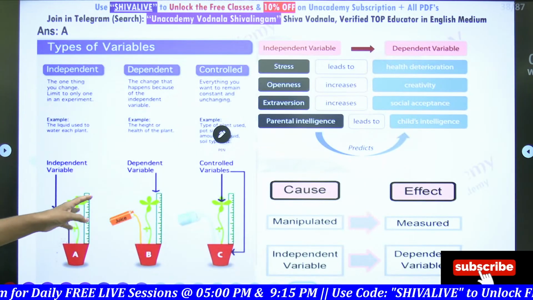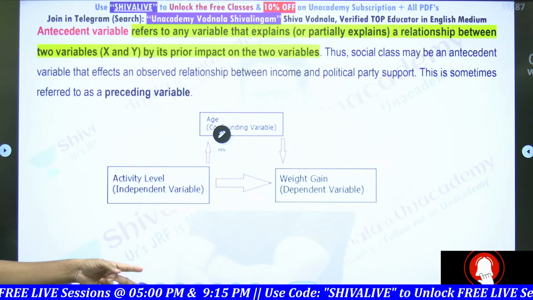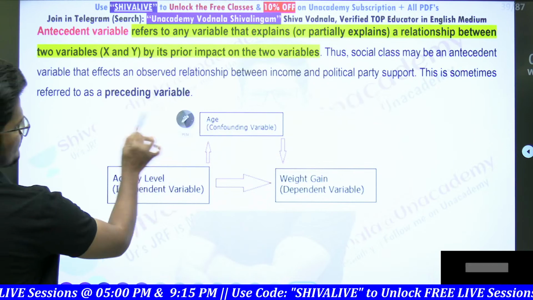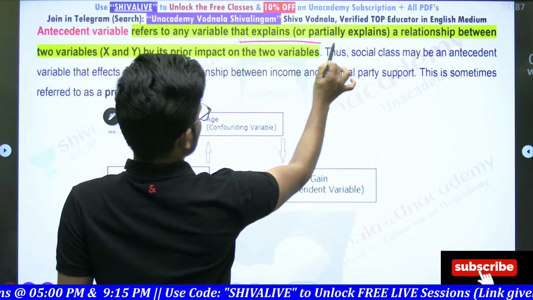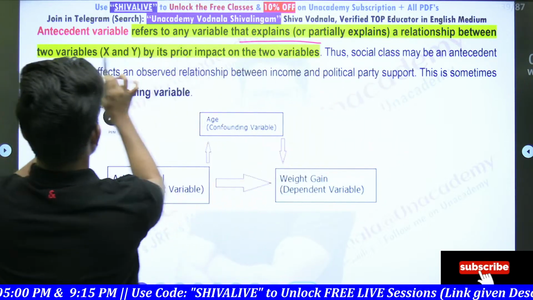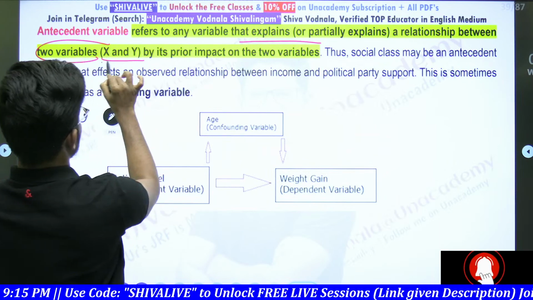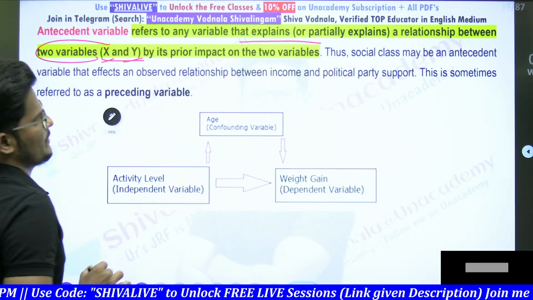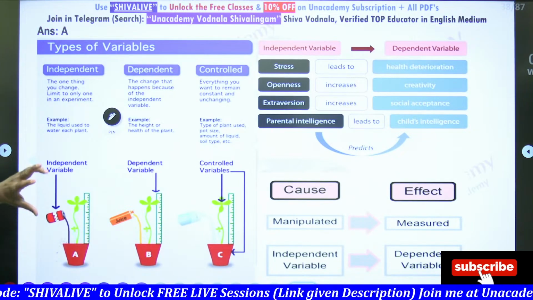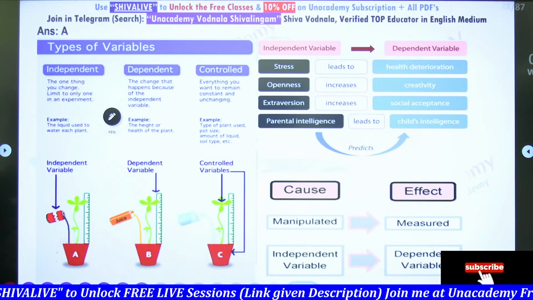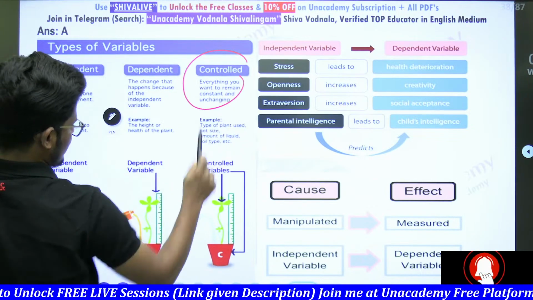Antecedent variable. You can just look here if you want to check it out. Confounding variable. Okay, an antecedent variable is a variable that explains or partially explains the relationship between the two variables, that is x and y, where x is an independent variable and y is a dependent variable. So the relationship between the two is being explained, not created, by the antecedent variable, whereas a controlled variable is an unchanged variable.